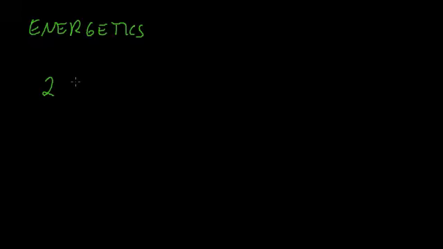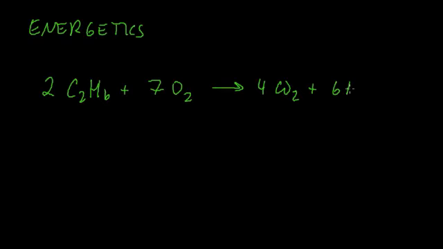From our balanced equation, C2H6 plus 7 oxygens gives us 4 carbon dioxides and 6 waters, and as you burn anything, you know it's going to produce heat. If heat's coming out, this is called exothermic.